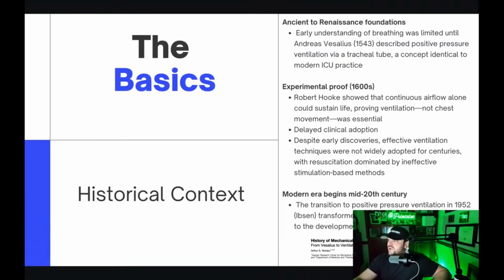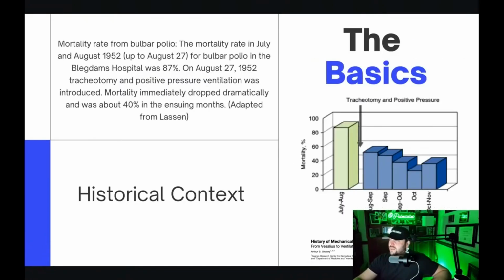But at some point, I believe there was an anesthesiologist, I forget his name, apparently a really crazy dude, who... we had negative pressure breathing. At some point, we switched over to positive pressure breathing through a tracheal tube, through a tracheostomy. This is the first time they did this, in Copenhagen.